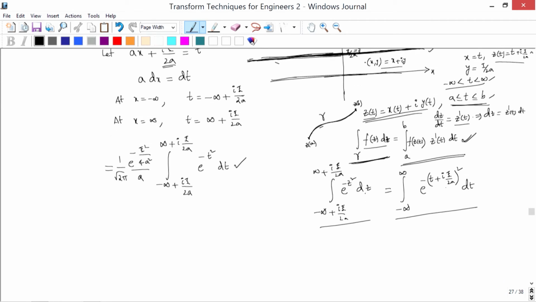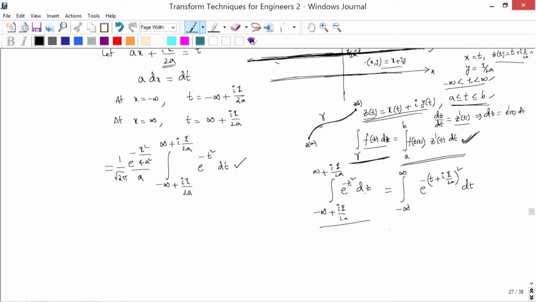This f of z of t is some function of t plus i times another function of t, so it is a complex valued function over a real variable t.